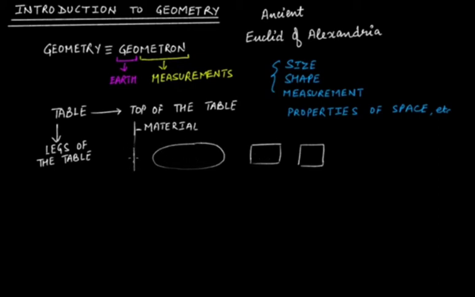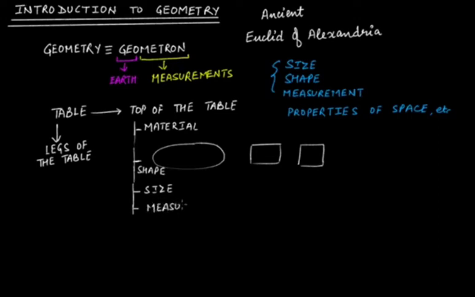This was the shape that you decided. Now when you decide the shape, the other point that comes to mind is the size. What size are you going to choose for the top of the table? Then after material, shape, and size, you will look for the measurement.